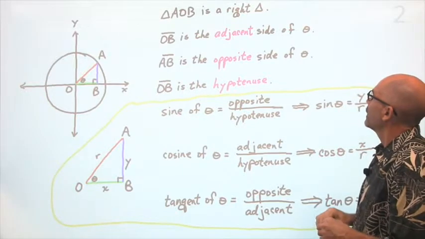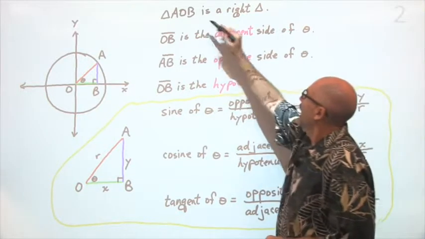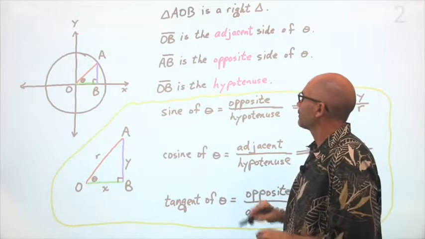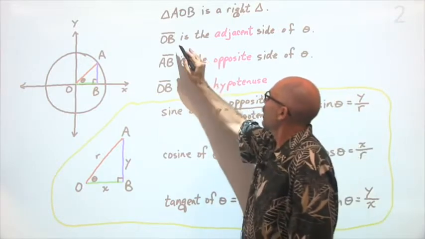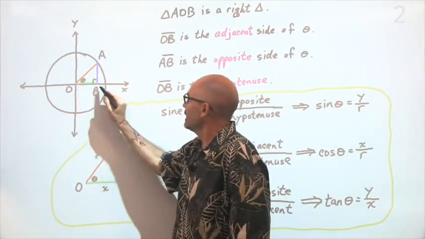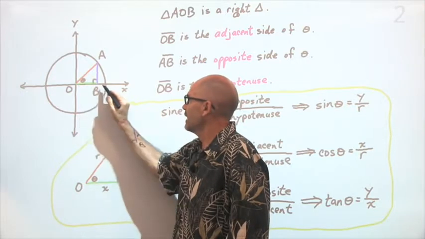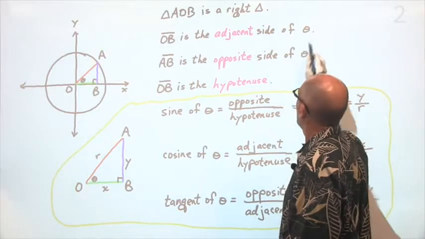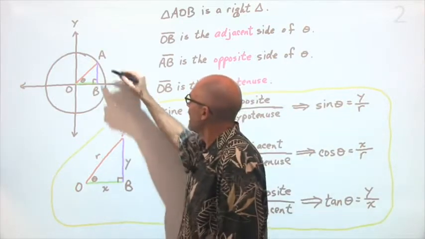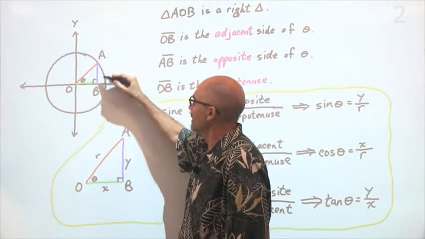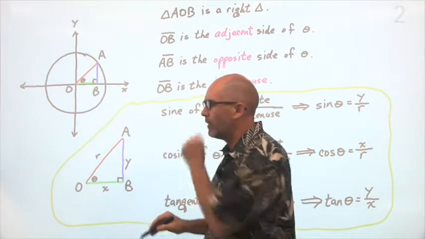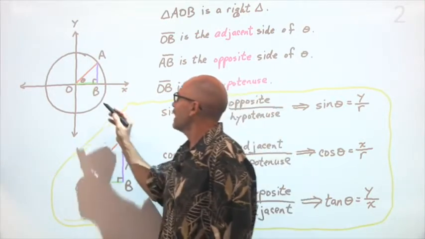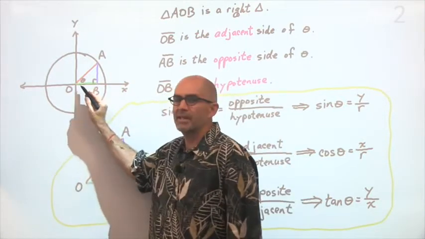Triangle AOB is a right triangle. Side OB is the adjacent side of angle theta, and side AB is the opposite side. The word adjacent means beside.